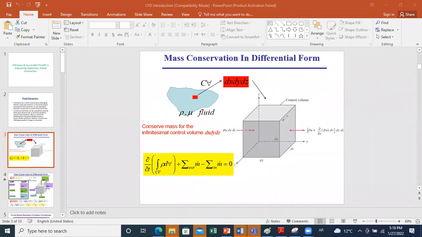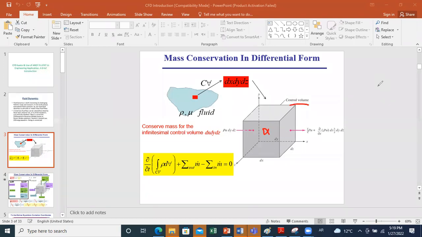So I will take a very infinitesimal control volume. In any space, if I'm working in Cartesian coordinates X, Y, and Z, and I consider a small element and want to apply conservation of mass on it, what should I do? I should consider that I might have a transient application. If I have a transient application, I might have accumulation of mass within the control volume, like I had in the case of the reservoir.